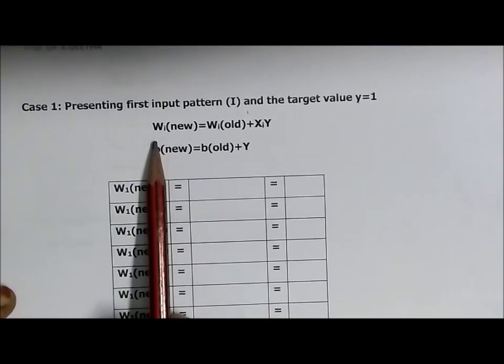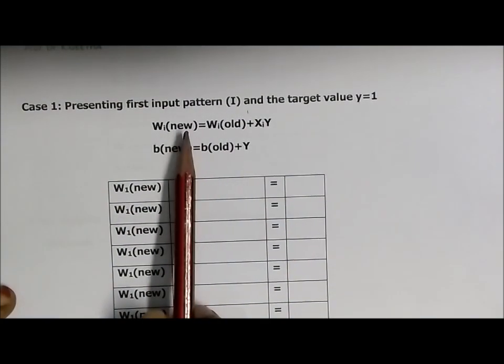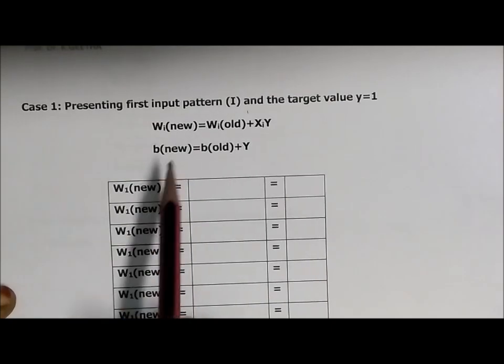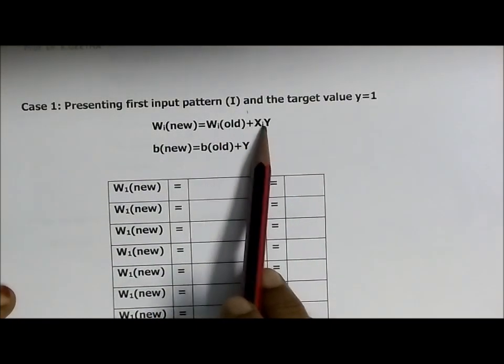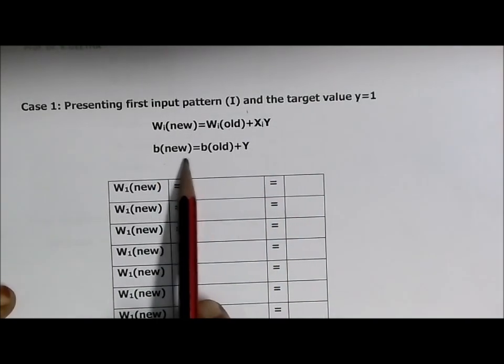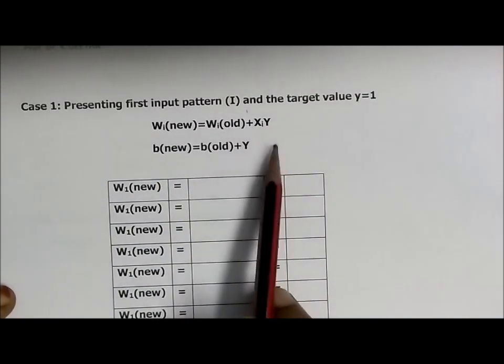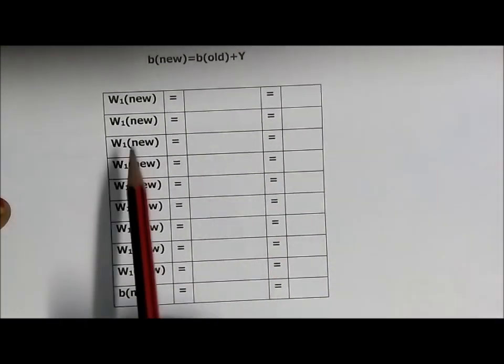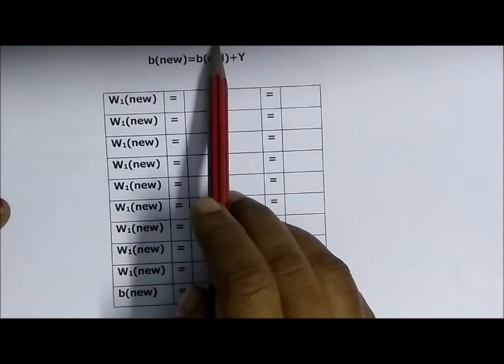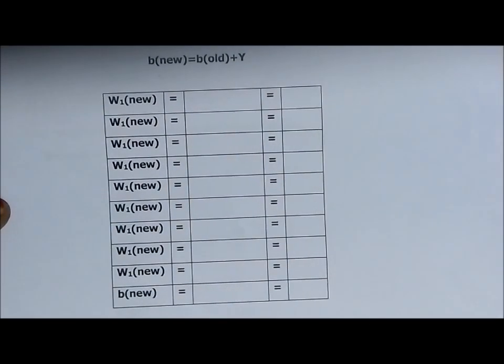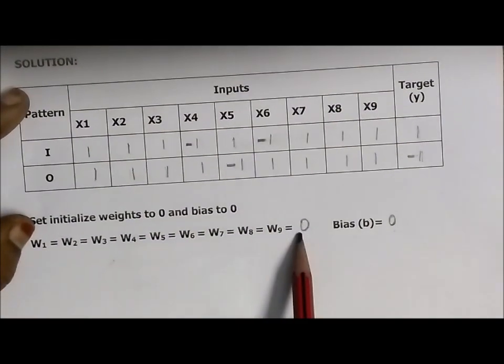Now as per the Hebb rule, we have to update our weight and the bias. So wi of new is equal to wi of old plus xi y, and bias of new is equal to old bias plus y. Now let us calculate w1 of new. w1 of new means w1 of old plus x1 y. We already have w as 0 because we initialized all the weights as 0.